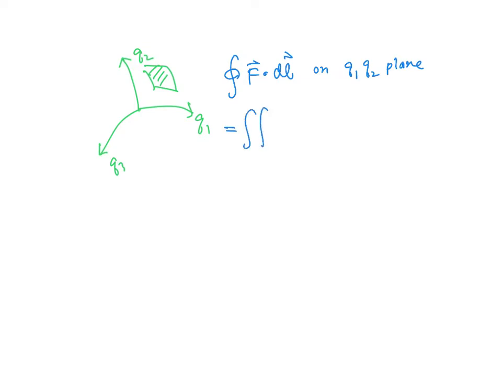That's Q3 partial, Q1 partial, H1. 1 over H1, H2, partial Q1, partial FQ2, H2 minus partial Q2, partial FQ1, H1, DS3.